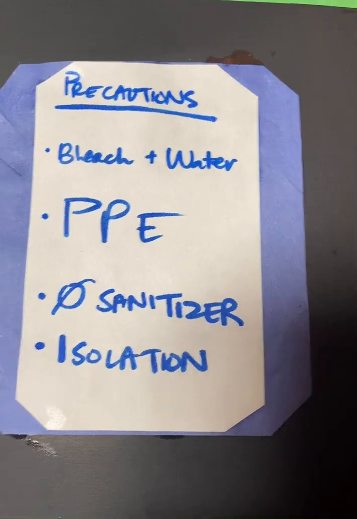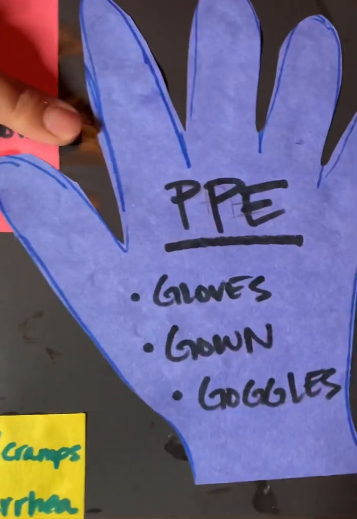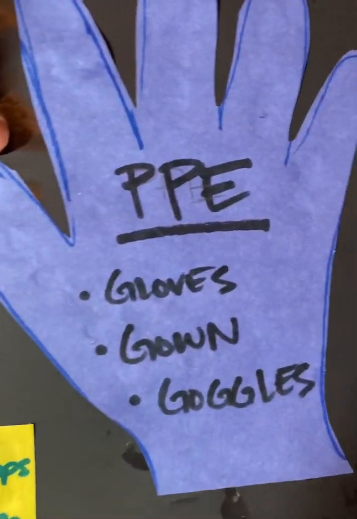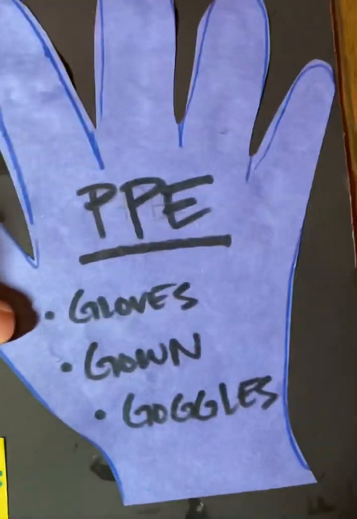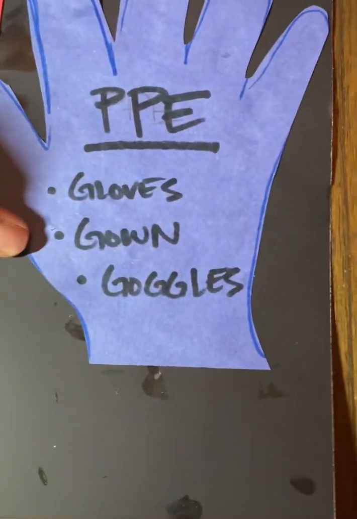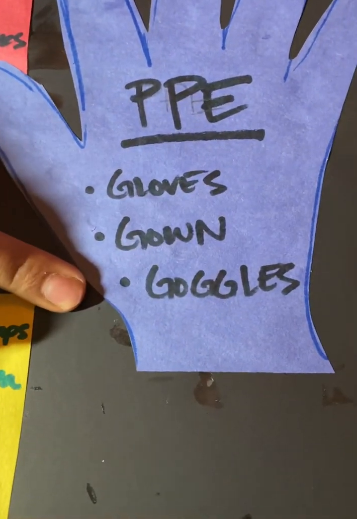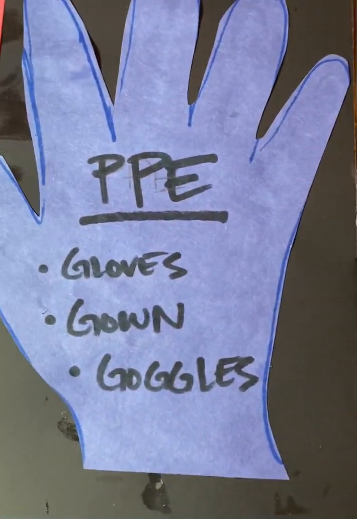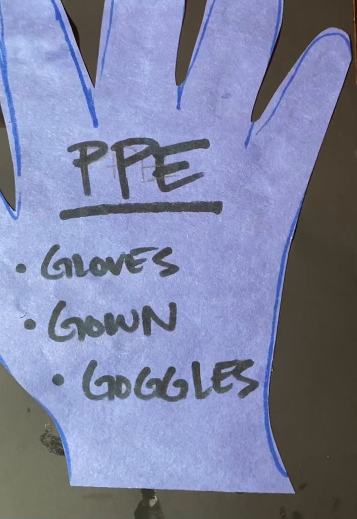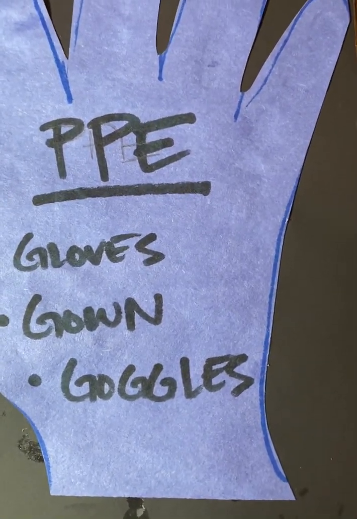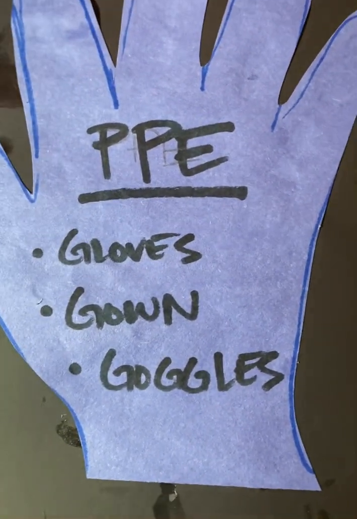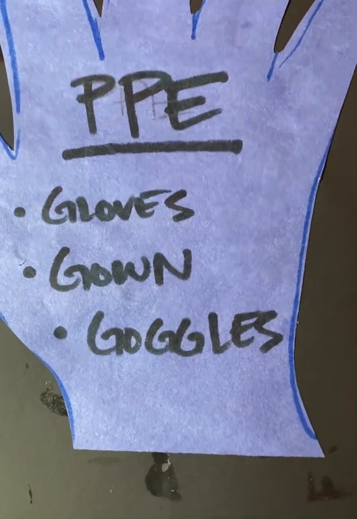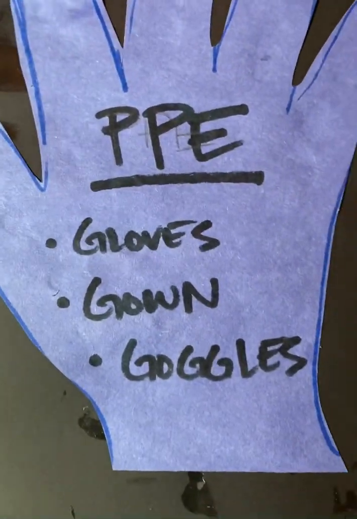But first, let's look at preventative, what we want to use, like our PPE. So we want to use gloves, and we of course want to use a gown, but we're definitely going to have to be using goggles, because one of the symptoms is diarrhea, and you want to look at splash effects.